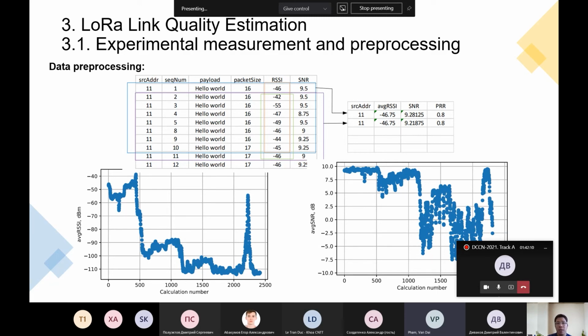Based on the data analysis, we expect to use the average of RSSI and SNR values to help us estimate the link quality level. Approximately from this range, we can have 4 levels that we expect to consider for the link quality.